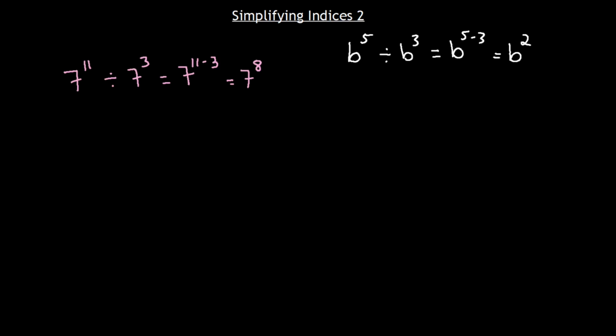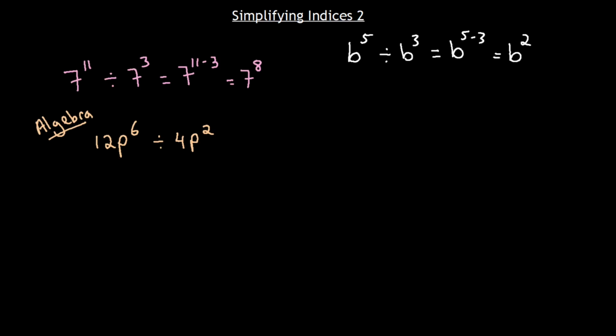So say we had, I'm going to write algebra here, and let's say we had 12p to the power of 6 divided by 4p squared. Now again, if you haven't seen the previous video, the simplifying indices part 1, I would recommend that you go back and have a look at it because it does go into detail.